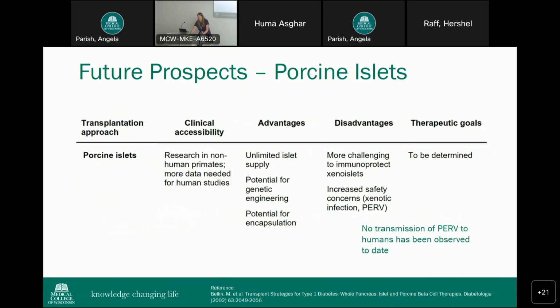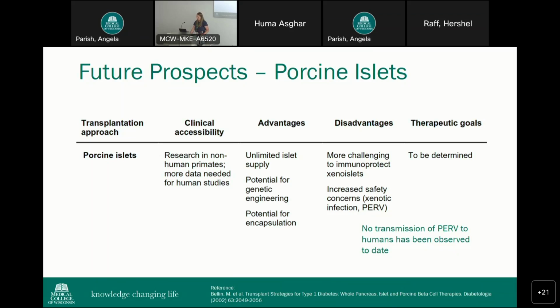So looking at porcine cells, this was initially thought to be a very good alternative because the initial insulin was derived from porcine, and porcine islets are more similar to human than other sources because the beta cell has the same set point as the human beta cell response for glucose.